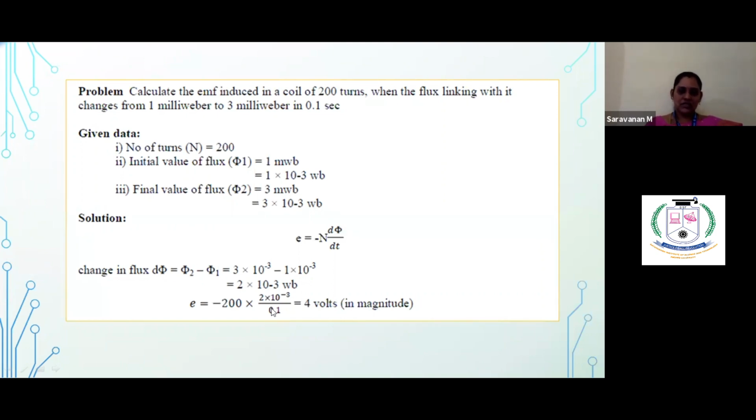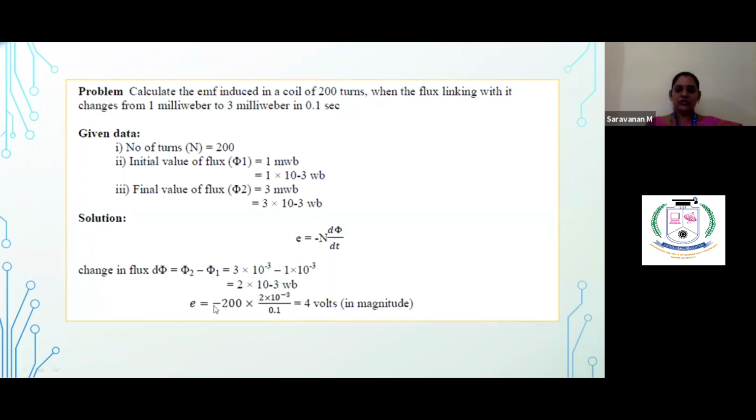So whether you take it as positive or negative, nothing is wrong in that. Both are going to give the same value only. So we have two expressions: E is equal to N into d phi by dt, and depending upon the change of flux being more, you can write E is equal to minus N into d phi by dt.